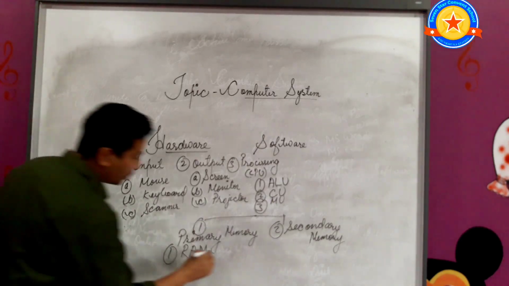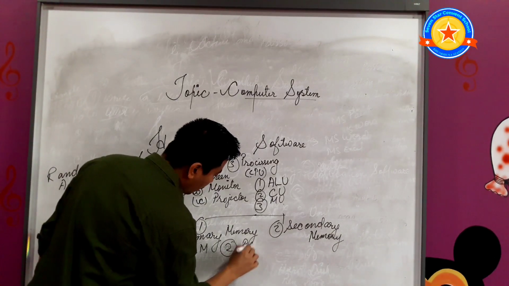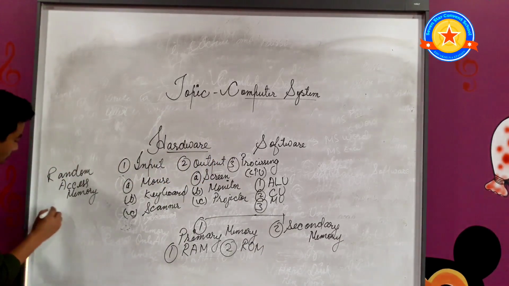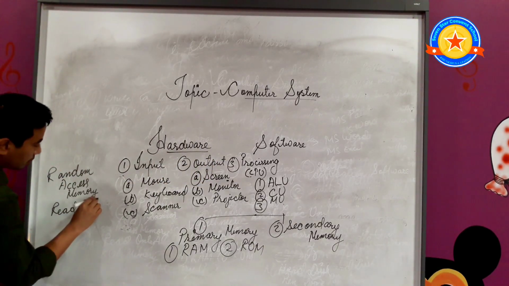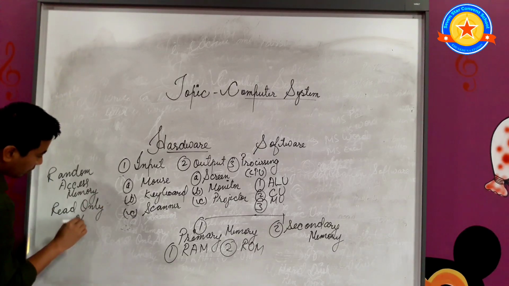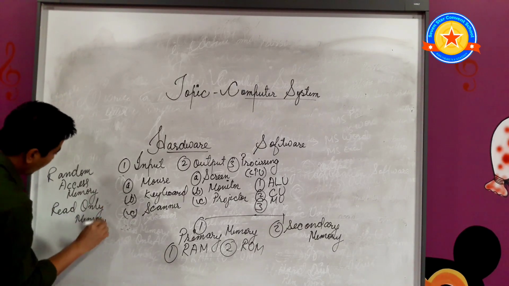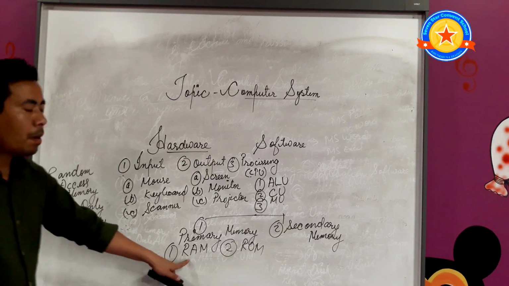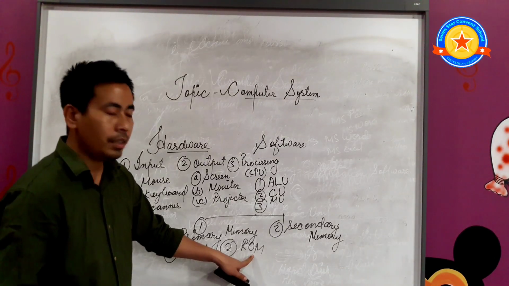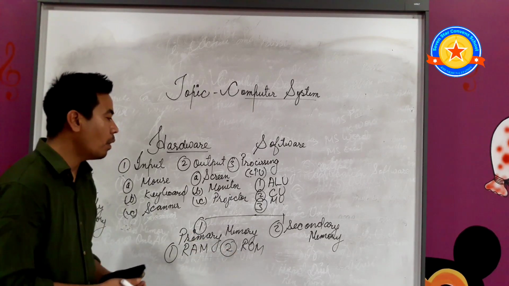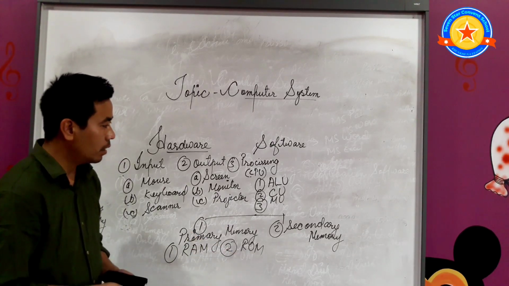And number two is ROM. ROM stands for read only memory. RAM is known as the temporary memory and ROM is the permanent memory of the computer.